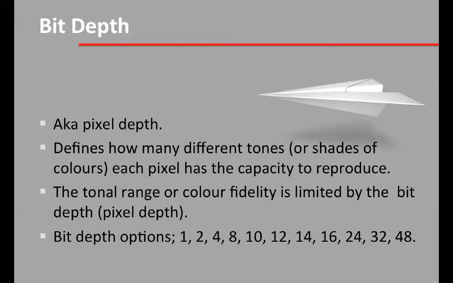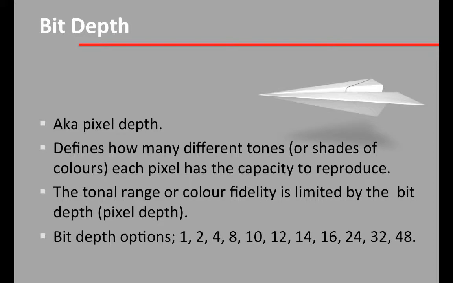The bit depth options that we have are 1, 2, 4, 8, 10, 12, 14, 16, 24, 32, 48, and so on. Probably the most obvious application of bit depth is in our RAW format or our RAW capture.